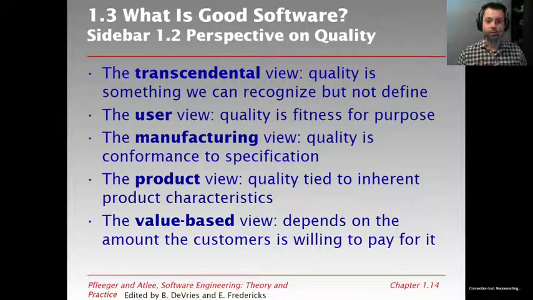I, as the user, am going to see, well, this thing is crap. We could have specifications saying, I click a button and you respond within, I don't know, a microsecond or something of that nature. Maybe that's part of our requirements. And if I'm violating that by clicking a button and it takes 5 seconds to load, then we can say this requirement is being violated. We have a quality issue.